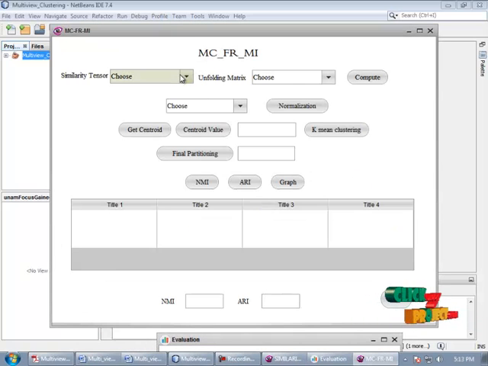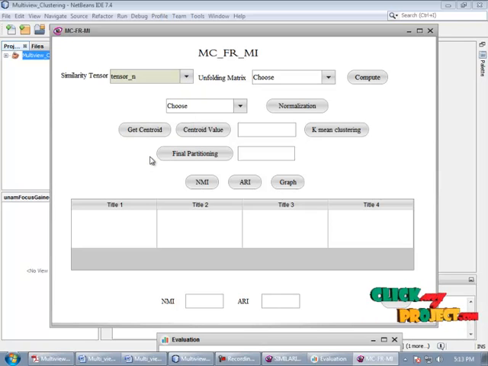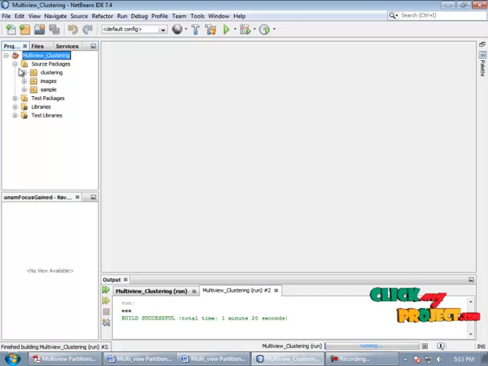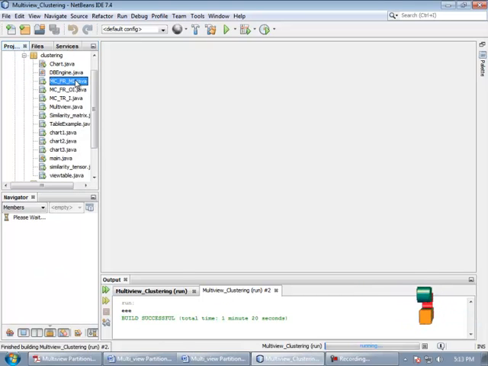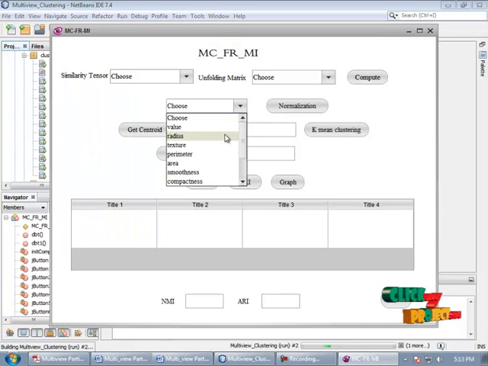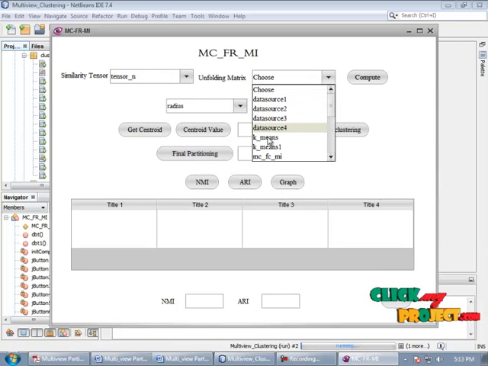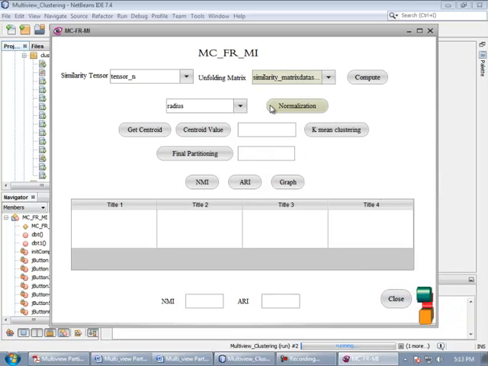Finally we can find the matrix integration value. This also we can take the similarity tensor and unfold matrix, any one. Now the session will be completed.